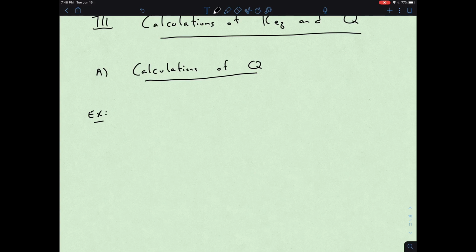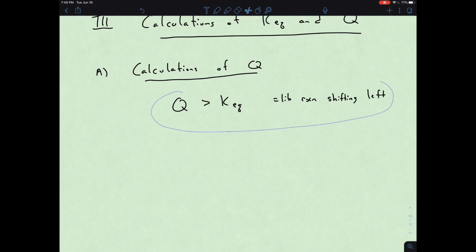Remember, we have this comparison of K and Q, right? If Q is greater than Keq, we know our equilibrium reaction is shifting left or towards our starting materials.